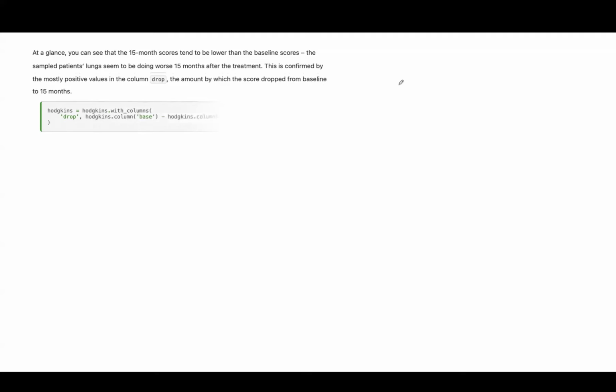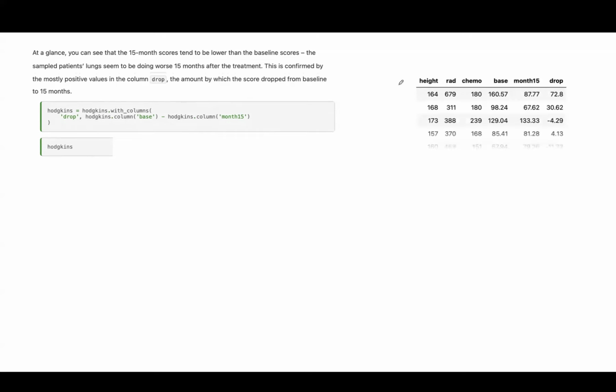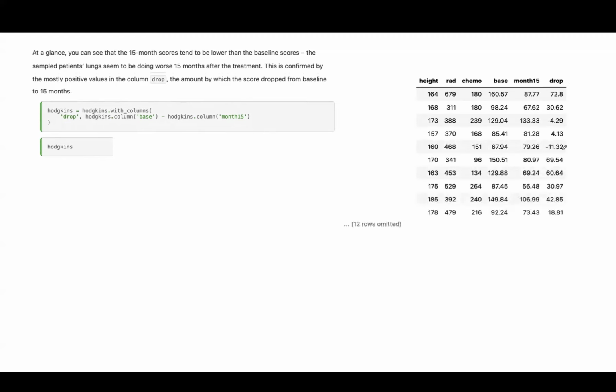Let us take a look at the result of this line of code. You can see the differences: 72.8, 30.62, some negative numbers, and some large positive numbers.